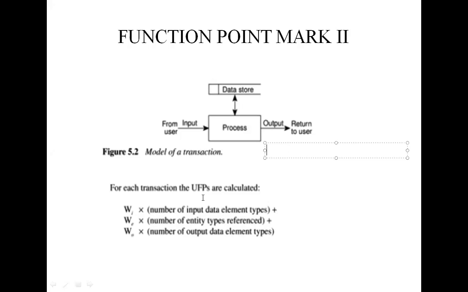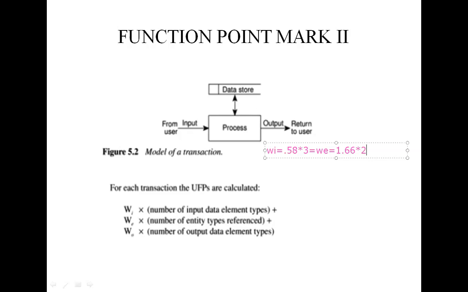For example, here we are giving average weights. So WI equal to 0.58, and here data types are 3, so we multiply it with 3, plus WE, which we give as 1.66, into 2, as there are two records, invoice and cash receipt.